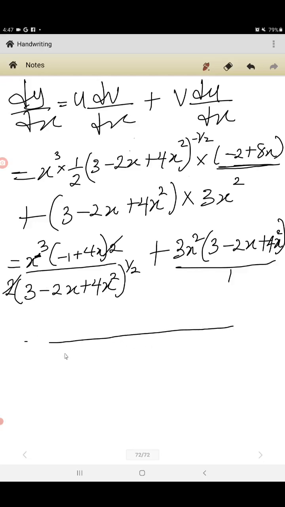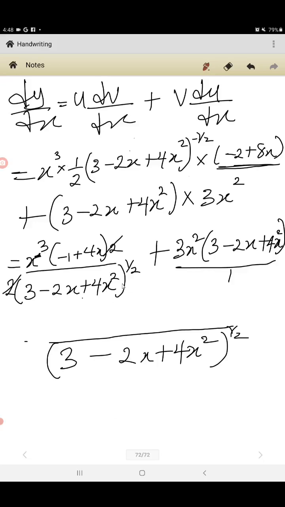Our LCM now is 3 minus 2x plus 4x squared, raised to power half, so this we cancel straight.